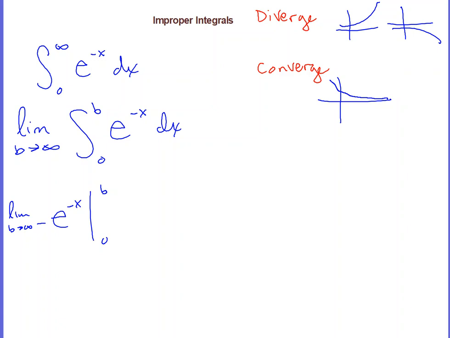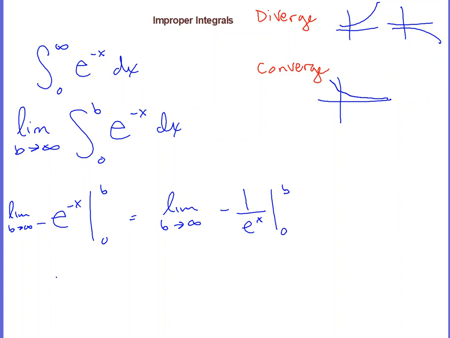I now need to plug in that b. I would never plug in when there's a negative exponent, so I would like to rewrite this. I have seen some confusion when you plug in with a negative exponent, and it's so easy just to rewrite that.